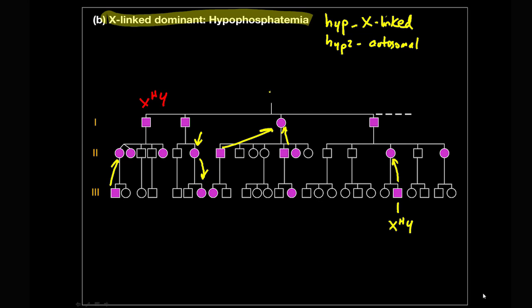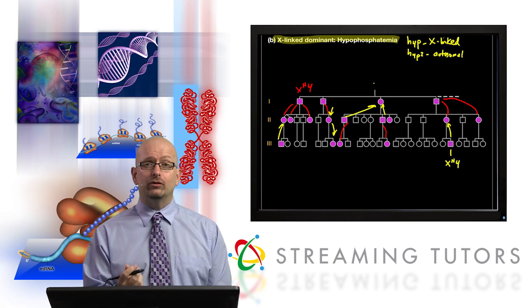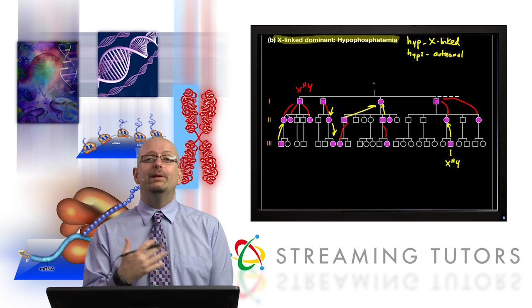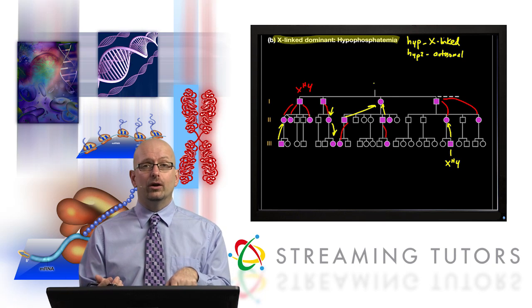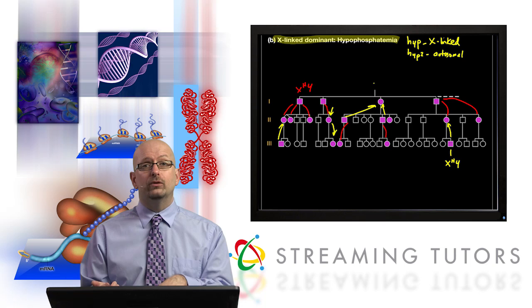Let's see if that's true. Let's look at all the affected males and see if their daughters are affected. Yes, yes, yes, yes, yes, yes. You don't see any exceptions. Now in the next generation, this guy's daughter, his sons are not affected. Notice that. And that's all the information we have. So this is a strong indication, guys, because if it was autosomal, there'd be no pattern whatsoever with respect to fathers giving it to daughters, daughters giving it to sons.